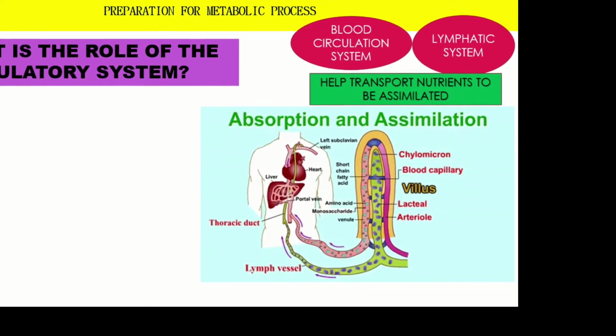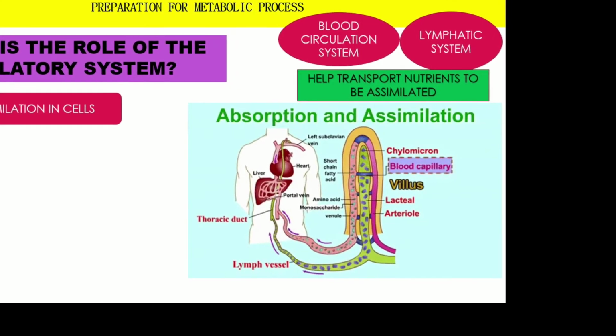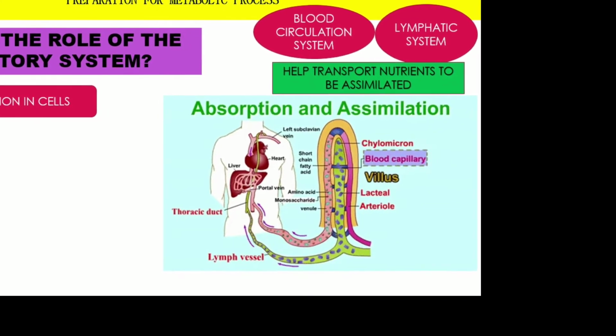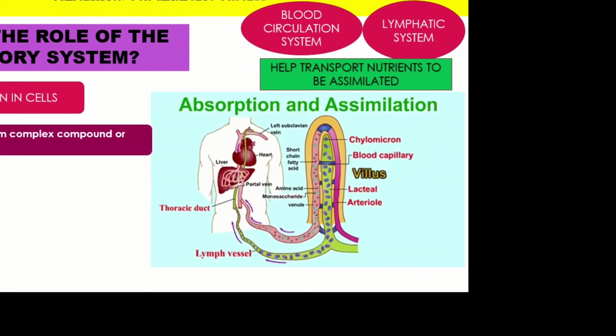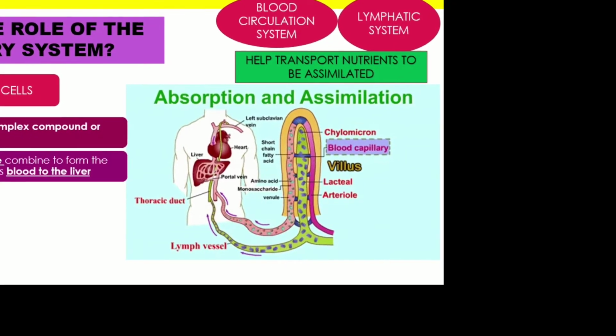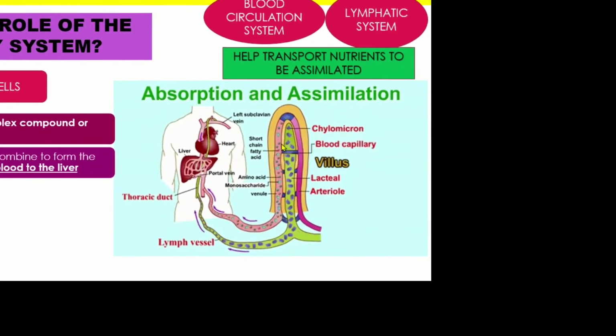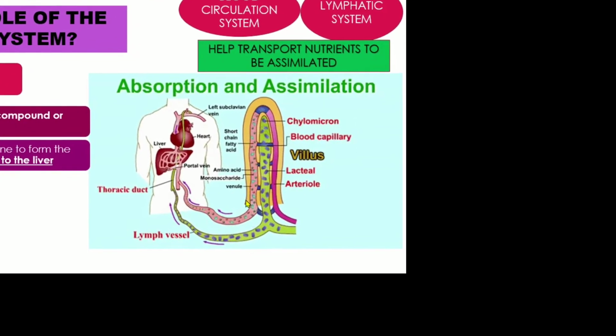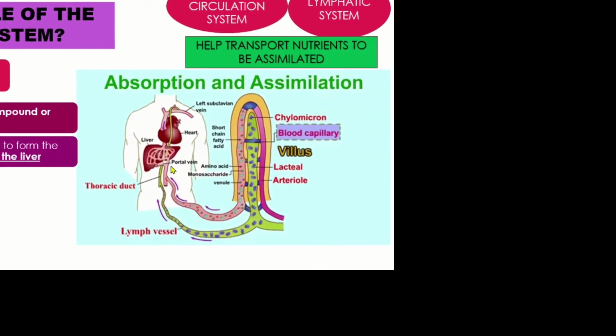What is the role of the circulatory system? In the assimilation process that occurs in the cell, nutrients are used to form complex compounds or structural components. Blood capillaries, as you can see here, located in the small intestine, will combine to form the hepatic portal vein.